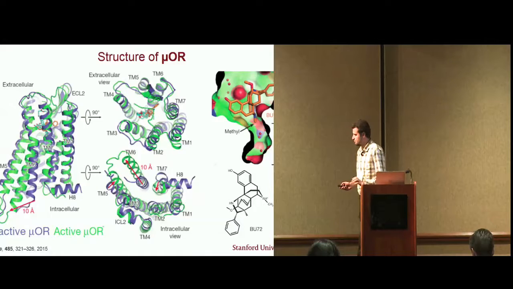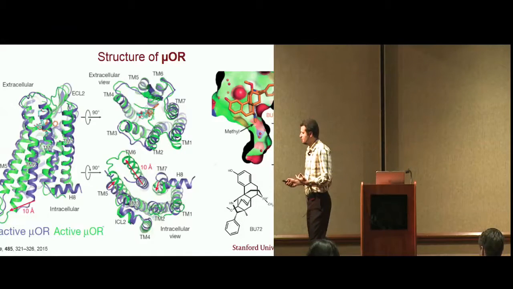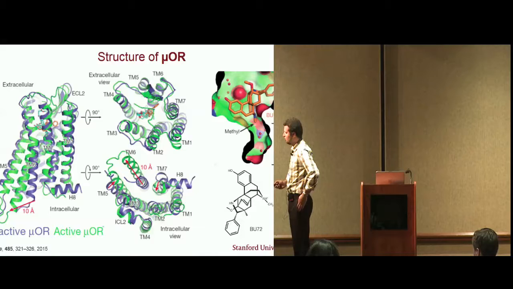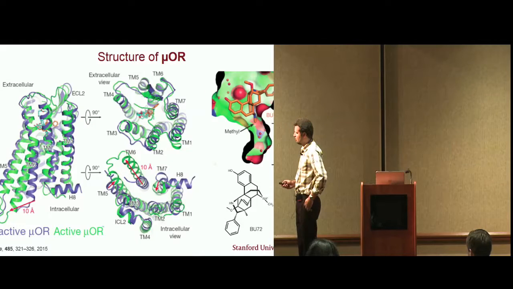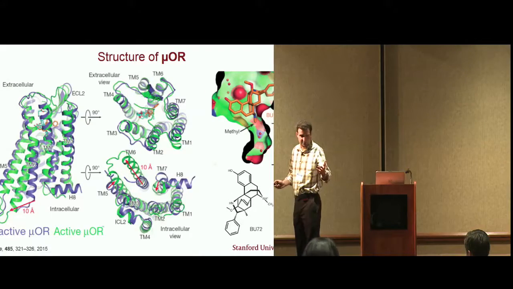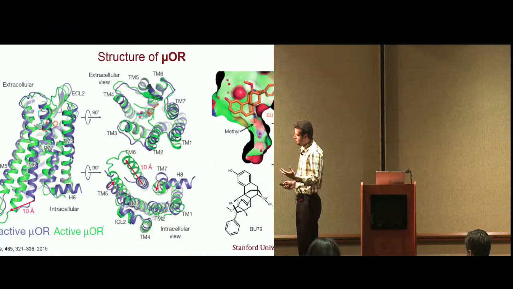To give you an idea of what this receptor looks like, the structure of μ-Opioid, fortunately, at Stanford University, we have Brian Kobilka, who won a Nobel Prize 2 years ago for the crystallization of this kind of receptors. The active structure is pretty difficult to crystallize, it's very fluffy because the G protein is bound there. There are very fine conformational changes inside this protein when the ligand is binding.